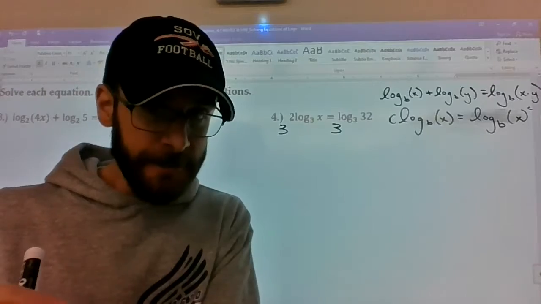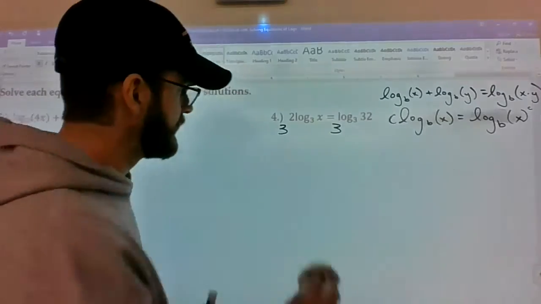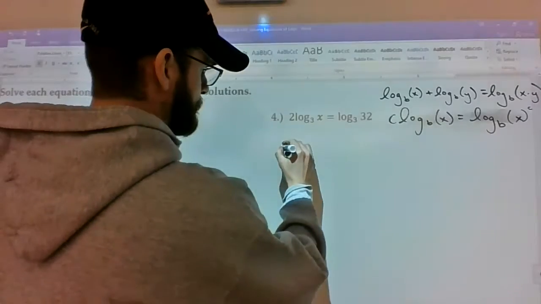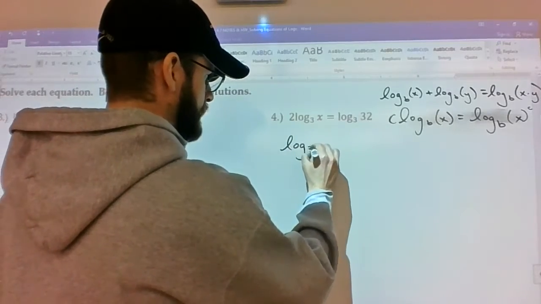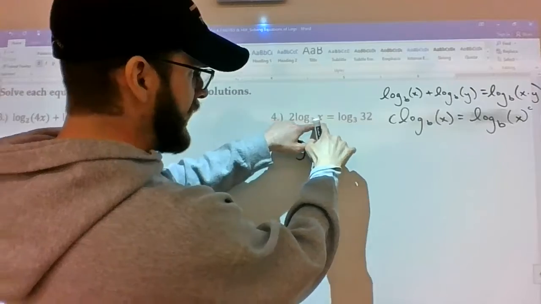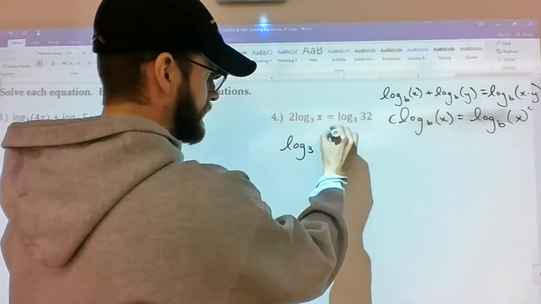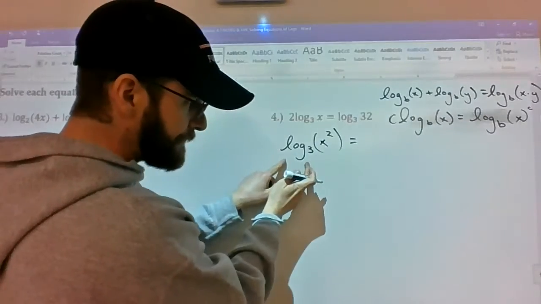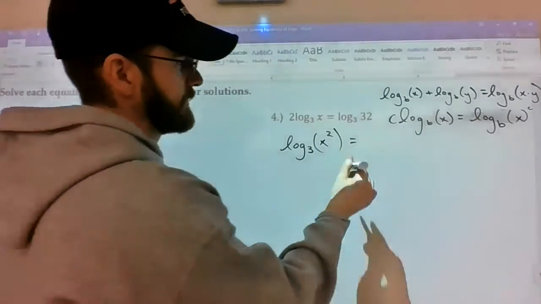At any rate, you can't apply this until you have a clean log on the left and a clean log on the right. This is what a clean log looks like: log base 3 of x squared. That's a clean log. There's one of them, and there's nothing in front.